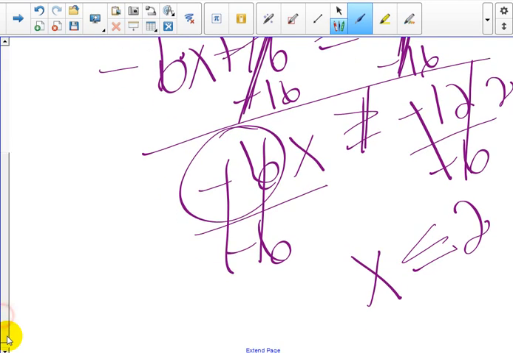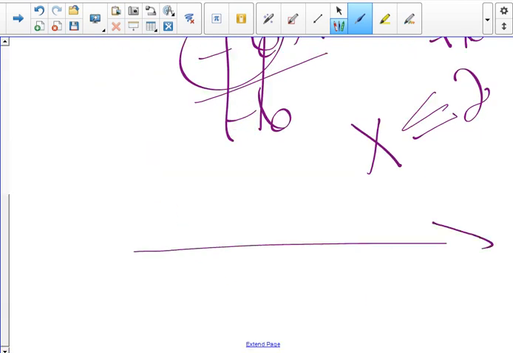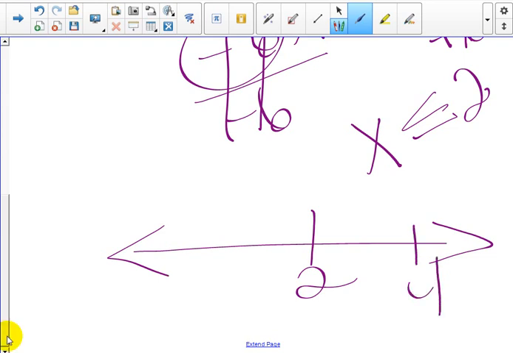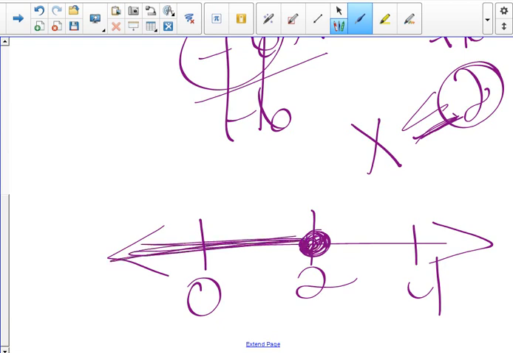And to graph that on a number line, which most of these ask you to, the boundary point is 2, so put a circle. Do we fill it in? Yes, we do, because it's also equal to, and it is less than, so it's going to go to the left, because that's our negative side. This is our positive side, okay? Any questions on that?